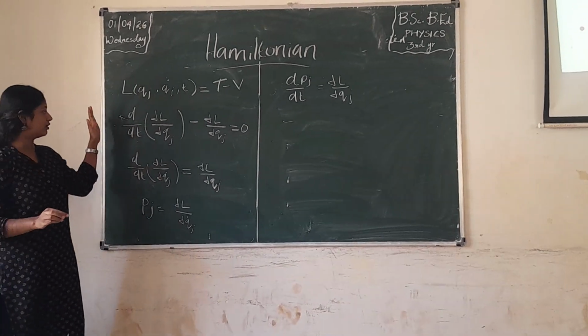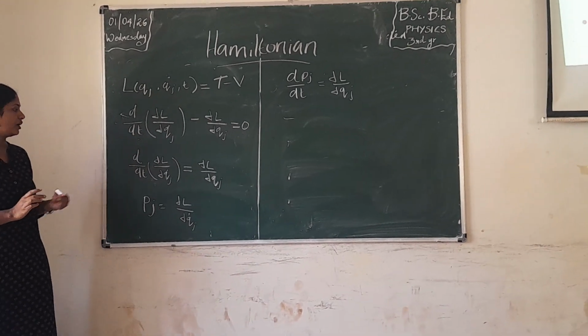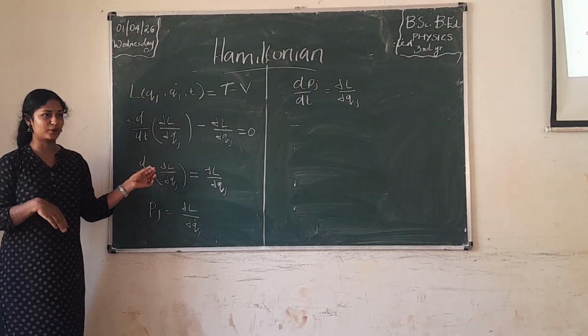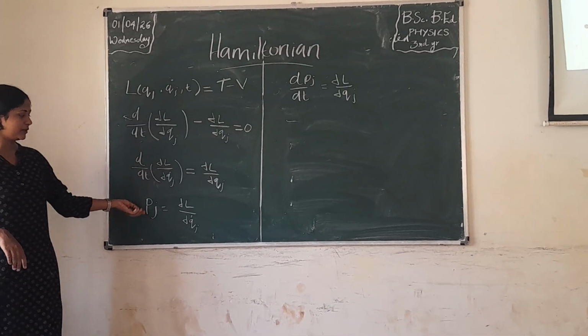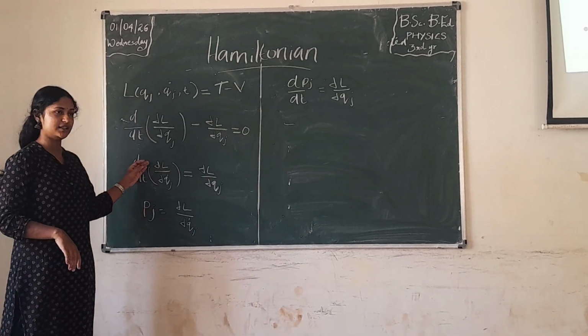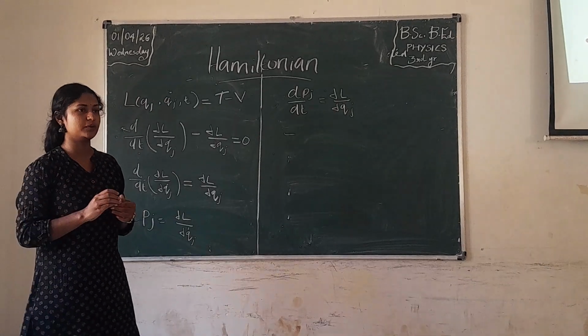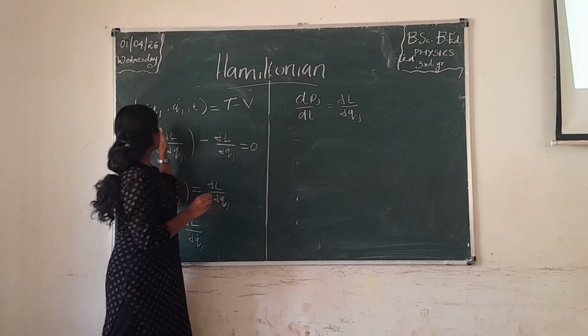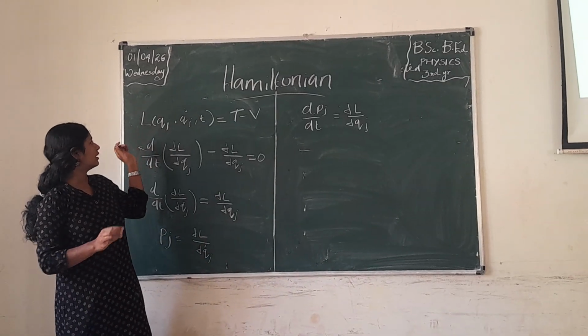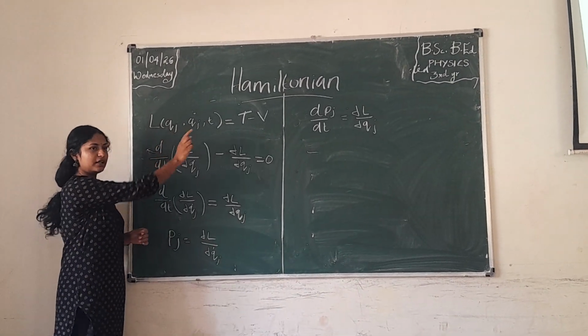First we wrote the Euler-Lagrange equation, and we have Pj, and we substituted the value of Pj into this equation. Now we want to differentiate the Lagrangian with respect to t. We have three terms. We differentiate the Lagrangian with respect to qj, qj dot and t.